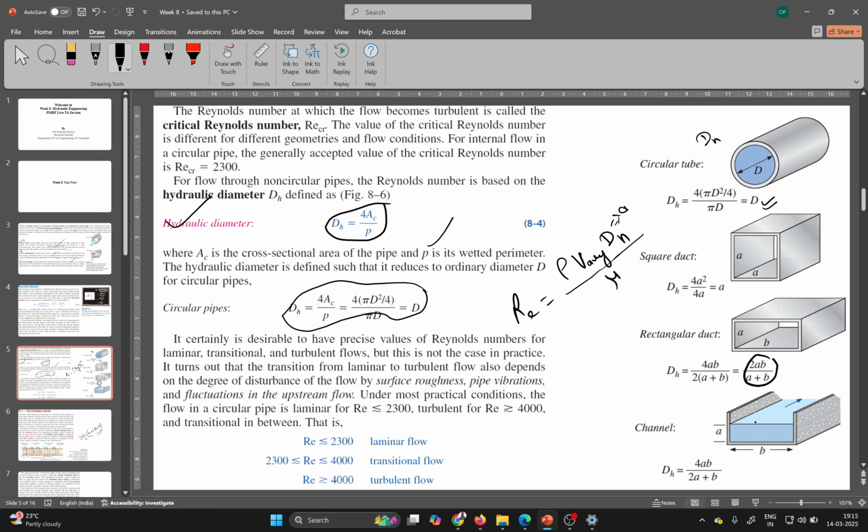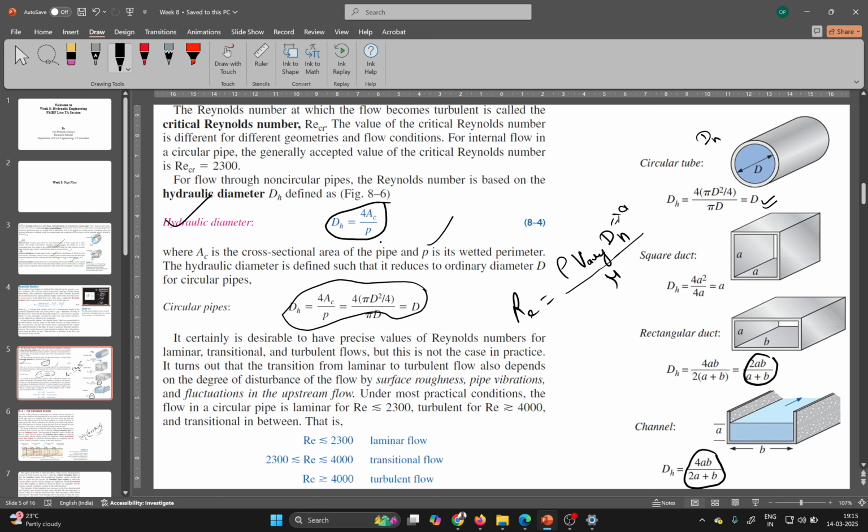For open channel your Dh value will be this. So always remember, for channel the Dh value will be this. For circular pipe you can write D in the Reynolds number formula because your Dh value is D. That's why we generally write Reynolds number as rho V D, but actually it is the hydraulic diameter. Always remember please, hydraulic diameter.